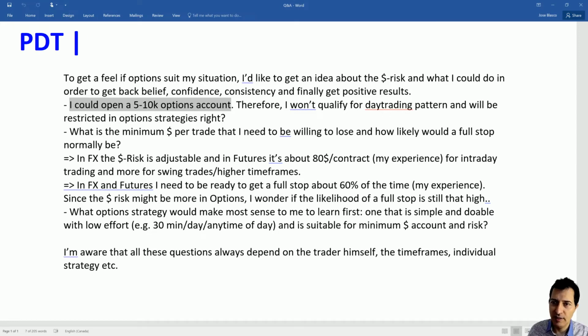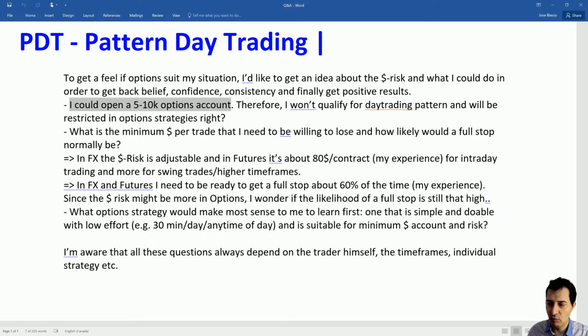There is a rule in trading stocks, not options, which is called the pattern day trading rule, that states, let's see if I can say this correctly, that if your account is greater than or equal to 25K, then you have no limitations. You can take as many trades as you want whenever you want, including intraday. So in other words, if you want to trade the same stock 250 times a day, you can go ahead and do it. It would be absolutely crazy, but if you want, brokers will be happy to take those trades.